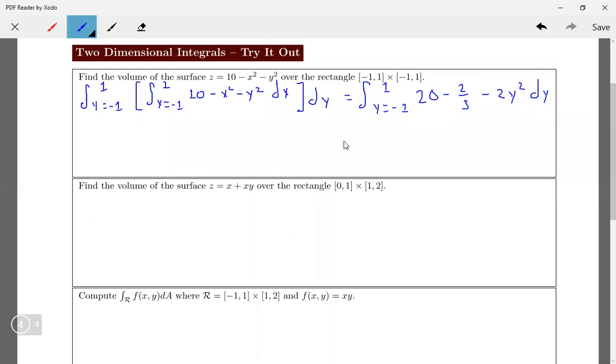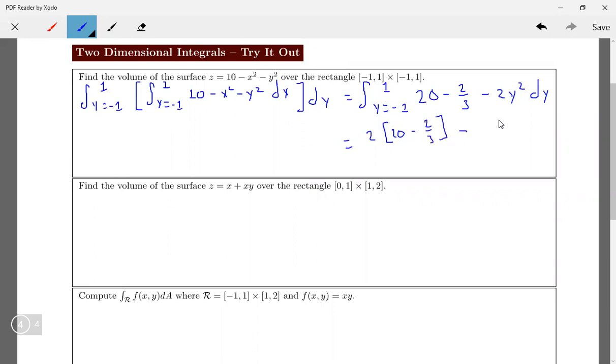This is a y integral, 20 minus 2/3, the integral of that from -1 to 1 is 2 times 20 minus 2/3.